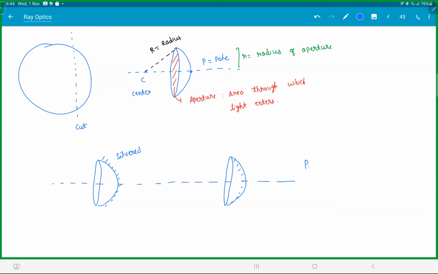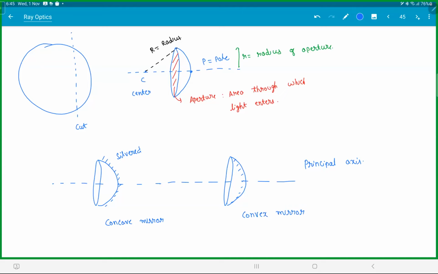This line is your principal axis. I'm sure in school you must have seen stuff like this. This is your convex mirror. No, this is concave mirror. This is convex mirror. This is how you create a mirror. Check it out.